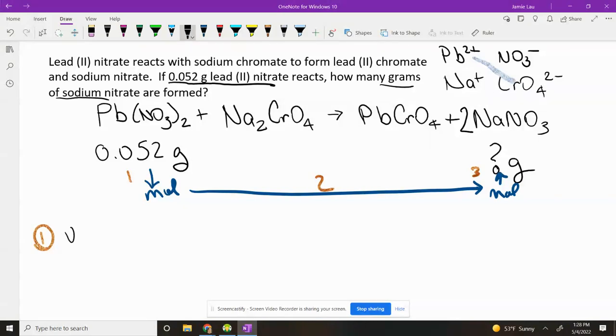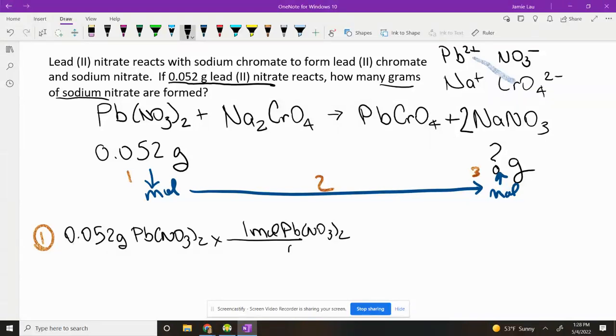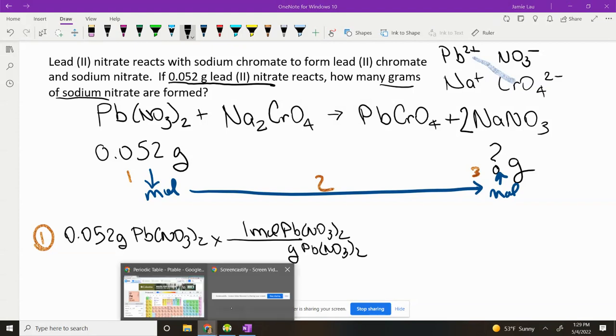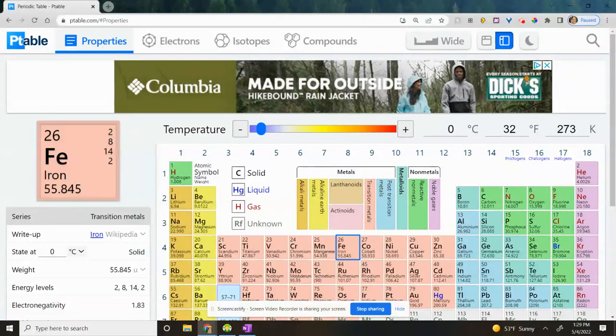In step 1, 0.052 grams of lead nitrate, and we want to convert that to moles. So 1 mole of lead nitrate has a mass. Let's try to figure that out. So if I go to the periodic table here, I look at lead, which has a mass of 207.2.